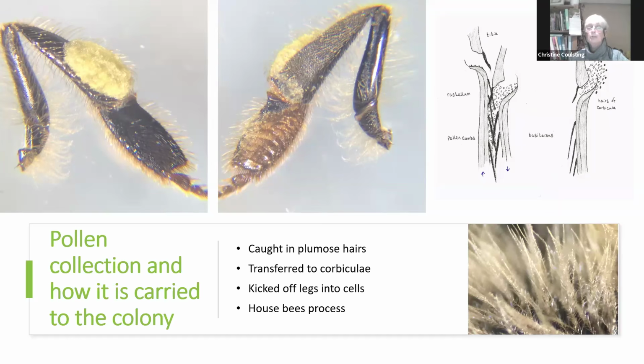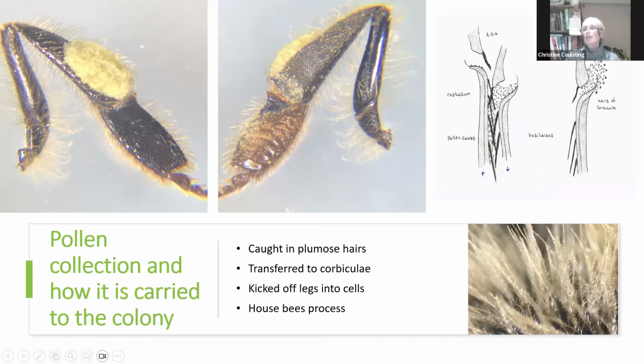The bee will comb the pollen off the head and off the thorax and transfer it back to the rear legs. And that's when the brushes of the rear legs, the brushes on the right-hand side, tend to be brushed one against the other, and then the pollen lands on the rastellum and is transferred from the inside to the outside.